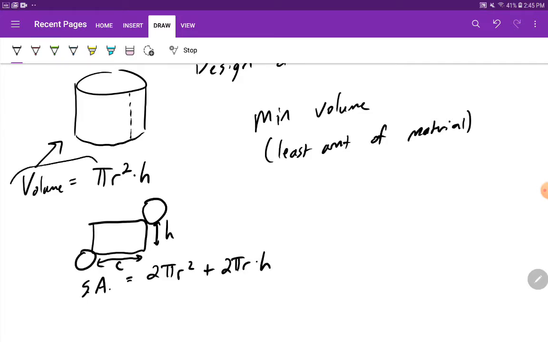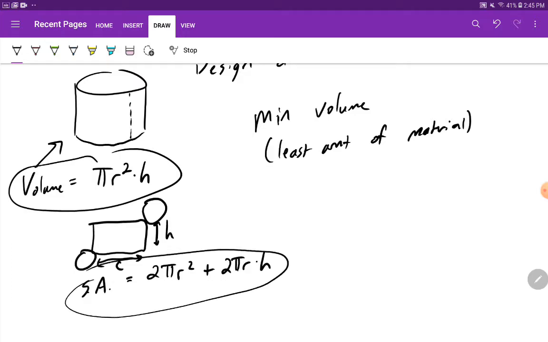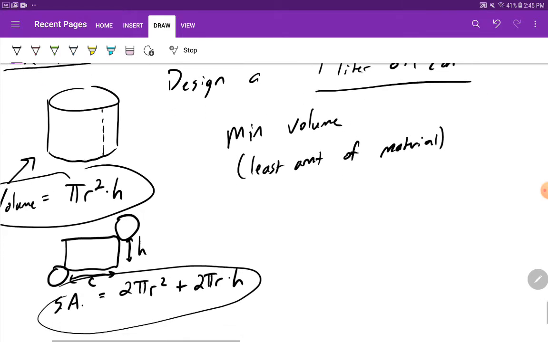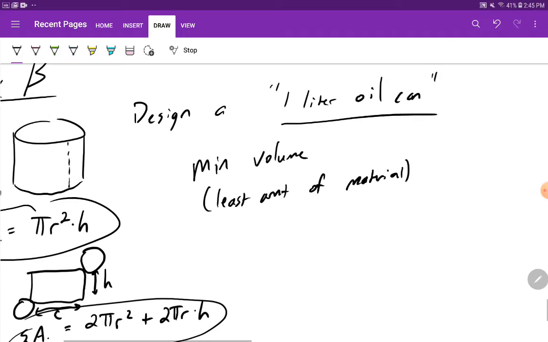We have these two formulas here, right? And we're going to use what we know, right? It's said to design a 1 liter oil can. So why don't we do this in centimeters, right? For funsies. So 1 liter is equal to 1,000 centimeters cubed.